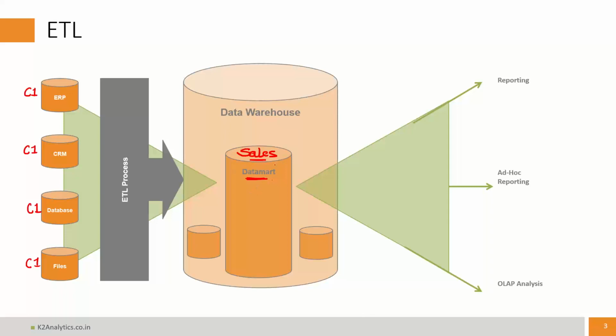So the design and the storage of the data would be optimized for the sales department. And when the data is optimized and stored with a perspective for a particular functional department, we call it a data mart. Then you may have the same data being stored and optimized for the product department.